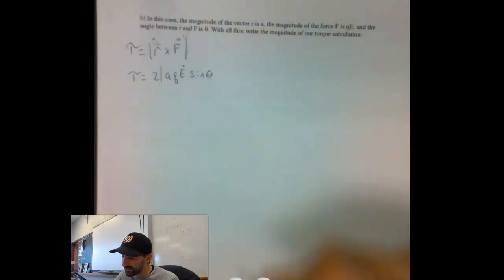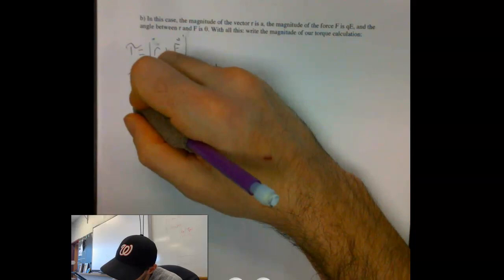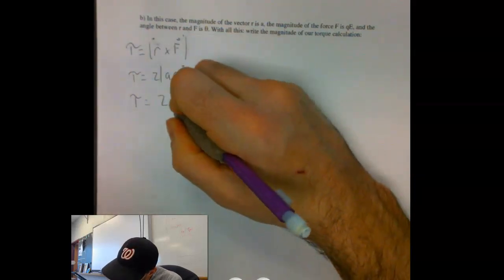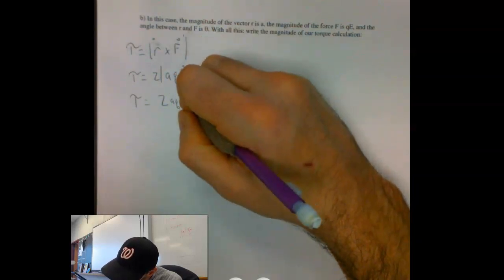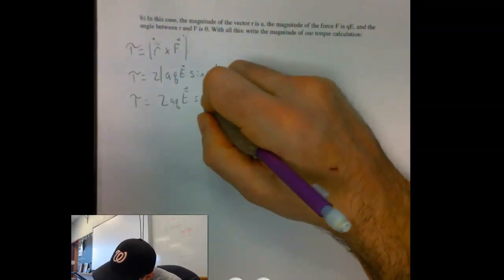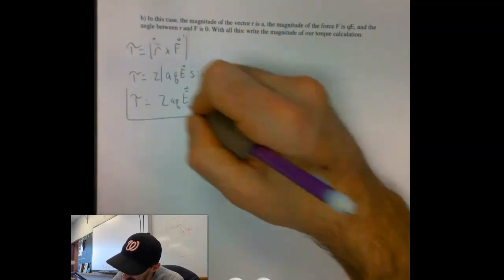So I know my net torque is equal to 2 times A times Q times whatever that value of the electric field is times the sine of the angle in between.